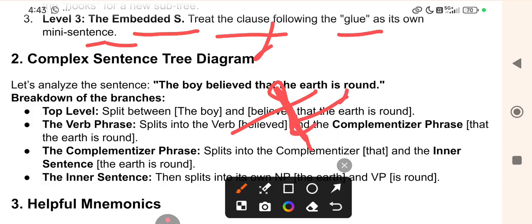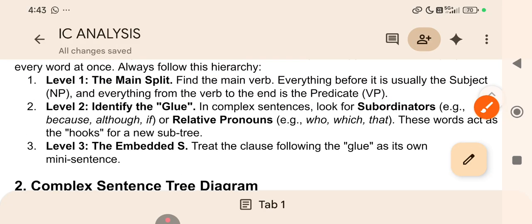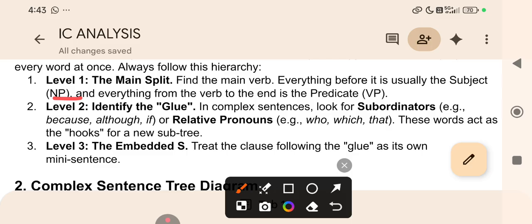That mini sentence is attached with the help of a subordinator or relative pronoun. So here we see three levels. In level 1 we cut and find the noun phrase and verb phrase. Then we find the glue, meaning subordinators or relative pronouns. And in the third level we find the embedded sentence or mini sentence.